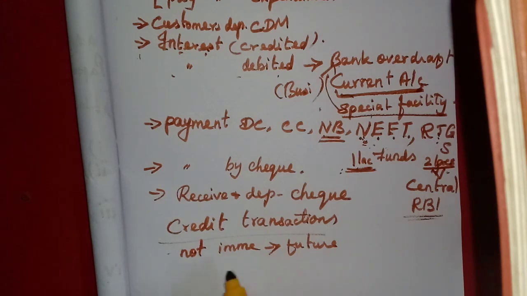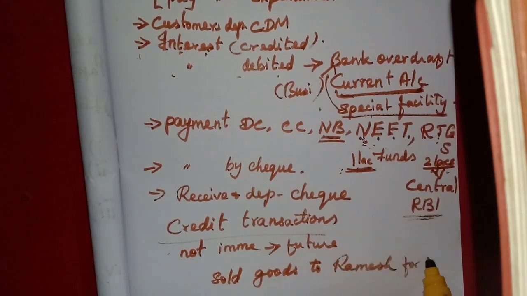For example, we sold goods to Ramesh for rupees 5,000. Here cash is not given, or it will be given later on credit. Then we can conclude this is a credit transaction.